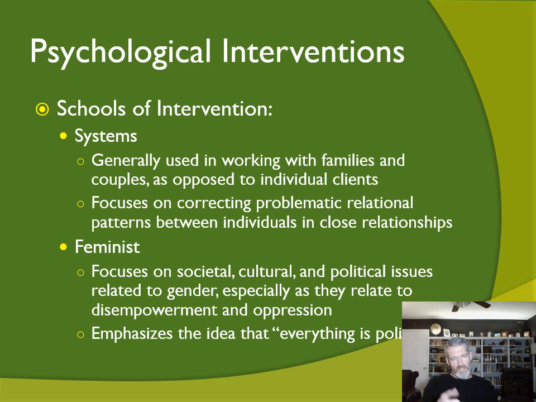The assumption from the systems perspective is that if we can address problems in the way that the school is approaching the kid and problems in the way the family is approaching the kid, the problems that the kid is having with their grades are probably going to be resolved. And the reality is, this actually grew initially out of working with people with schizophrenia, because schizophrenia is incredibly difficult to treat.